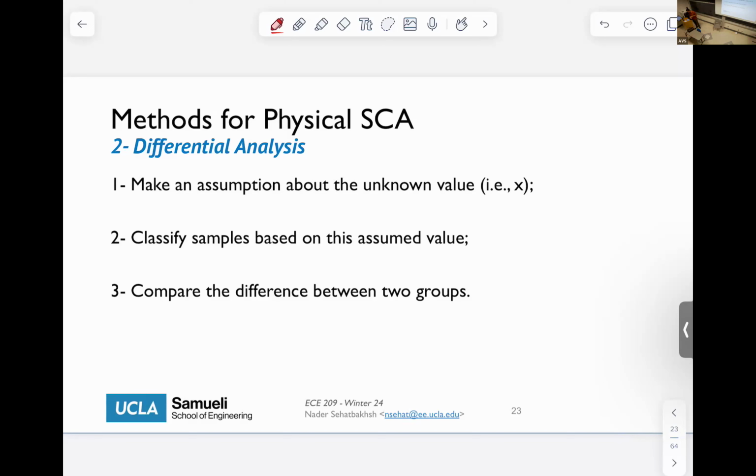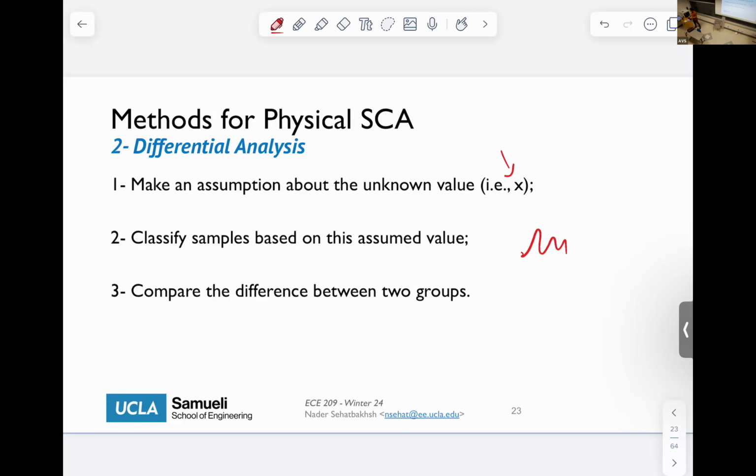More specifically, let's say there is an unknown value. If you remember, I said that we want to find X. We can make some guesses about X, and then we can collect many samples. Then we can group these samples based on the value that we have guessed for the input. So for example, I'm going to use this technique: whenever I see this particular part of the signal, I'm going to assume that this is 0.